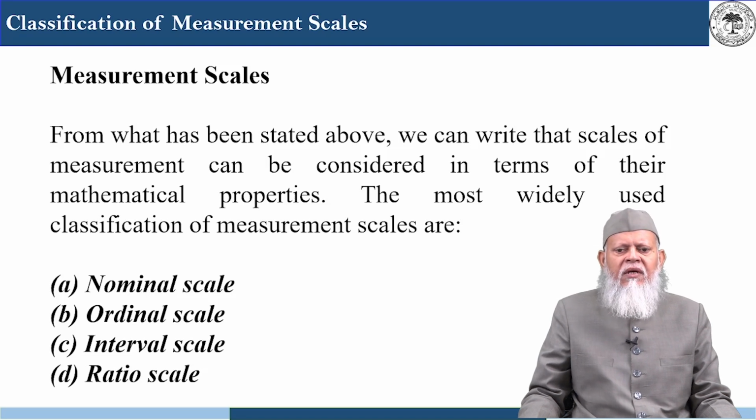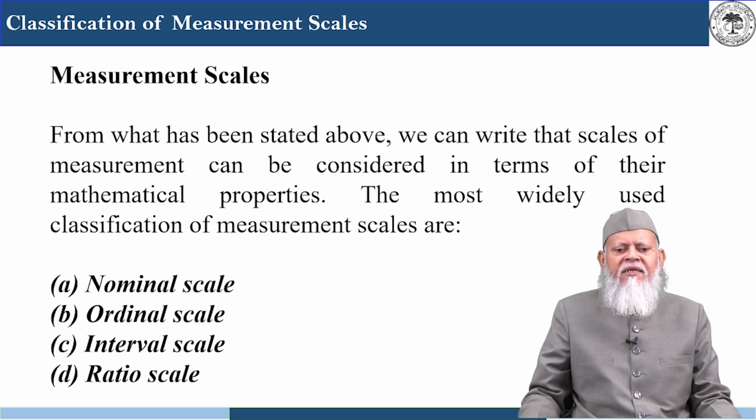So, what we have discussed above, we can write the scales of measurement in terms of their various mathematical and other properties. The most widely used classification of measurement scales is as given here.